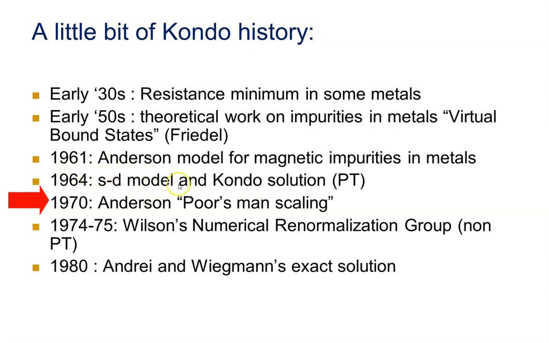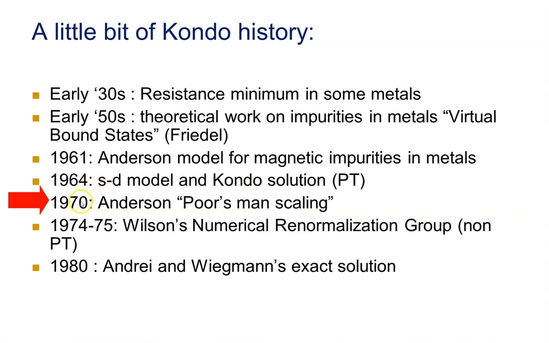The Schrieffer-Wolff transformation was around this era as well. And in the 60s, I think it was 66, I have to check, but there was the solution for the Kondo perturbation theory and the contribution to the resistivity in 1964, as I mentioned.